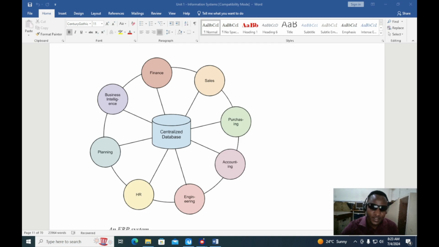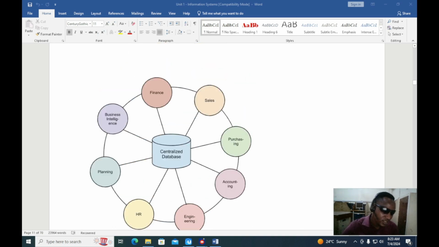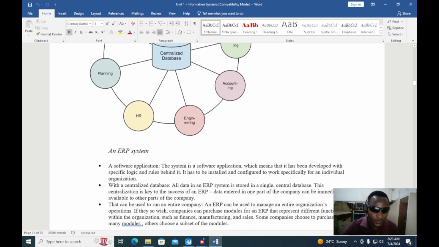All these departments are using the same database. They store and also query information from this same database. So we call this whole thing an enterprise resource planning system, the ERP.